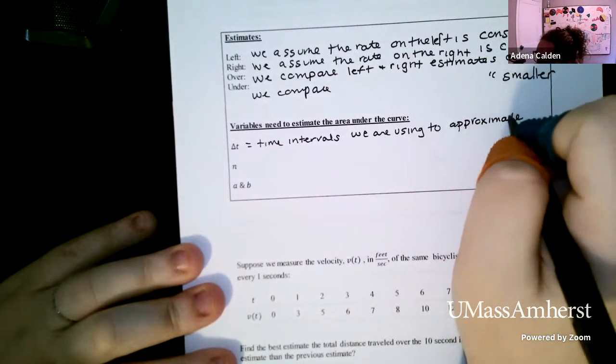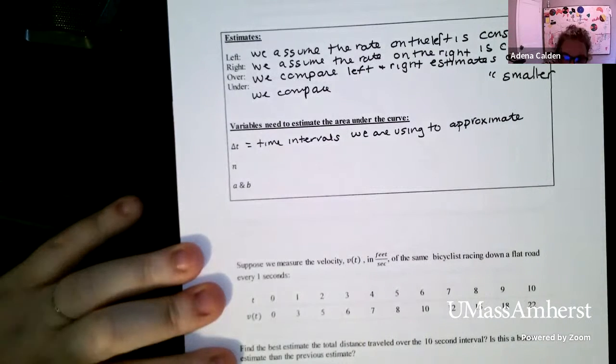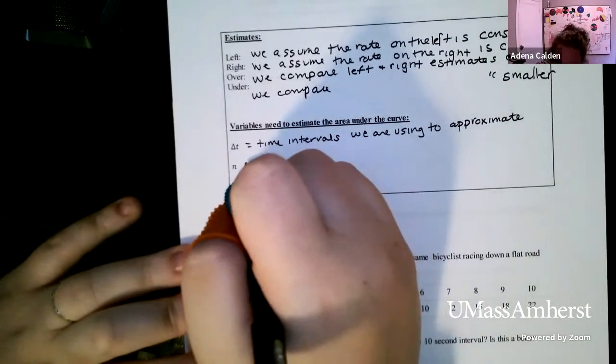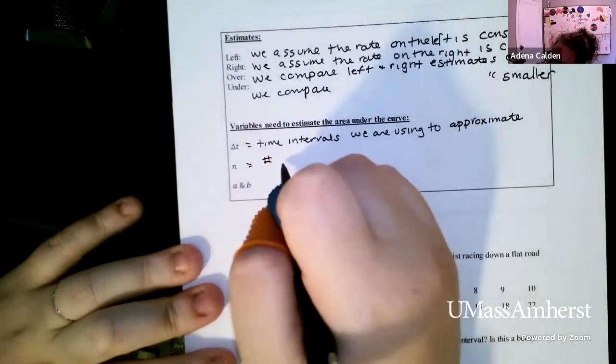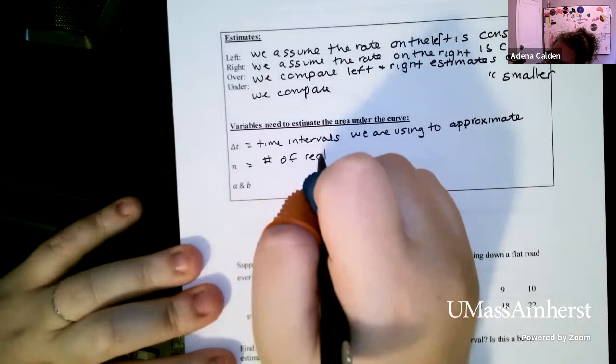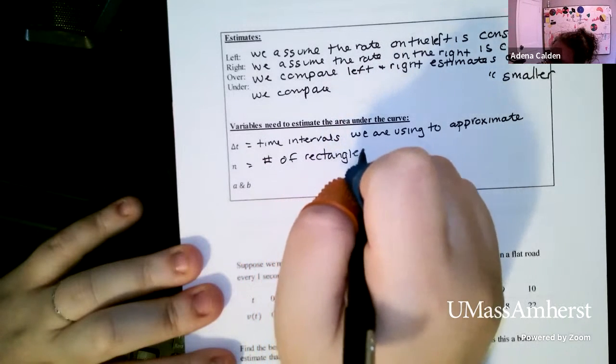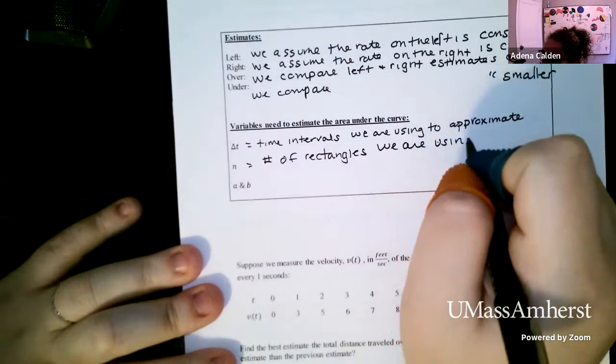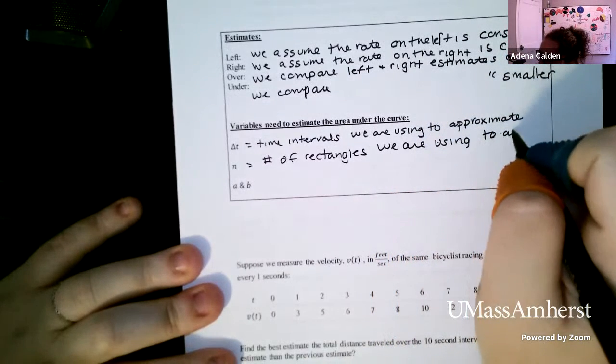Last time, delta t equals 2 because we were counting by 2's. So what is the width of our rectangle and what are we counting by? N is the number of rectangles we are using to approximate.